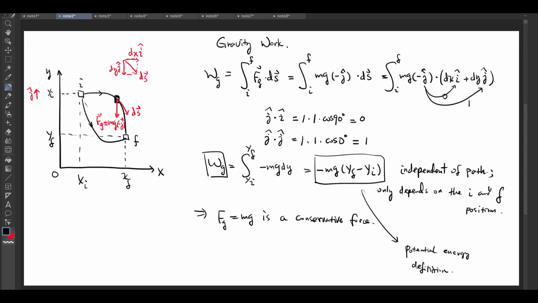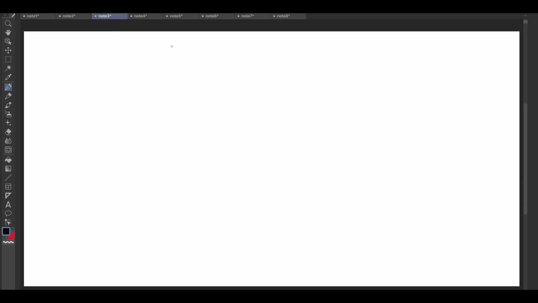All right, so gravity is one conservative force example. The other conservative force example is the spring force. So the work done by the spring force. How do we do that calculation? Here's the setup. There's a spring sitting attached to an object that is sitting on the ground.